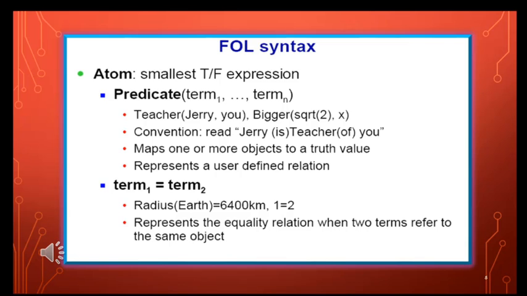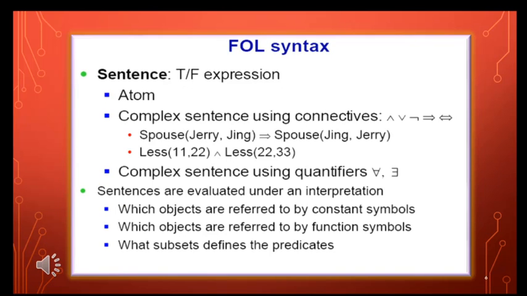In propositional logic we had sentences. Now, in first-order logic it's a little bit more complicated, but not a lot. So what's a sentence? A first-order logic sentence contains an atom or a complex sentence.